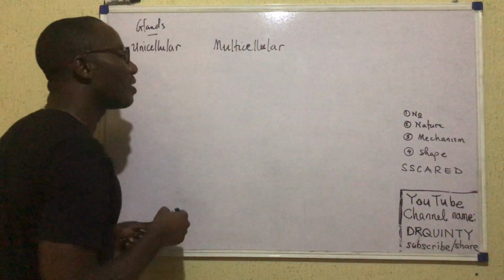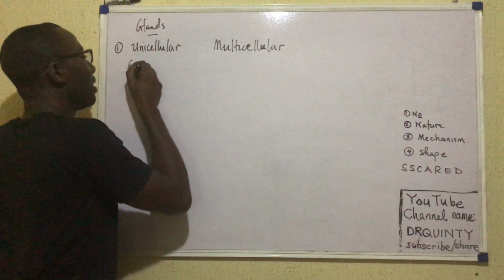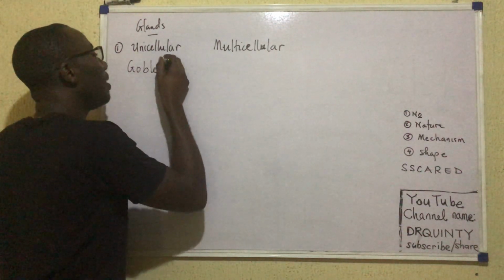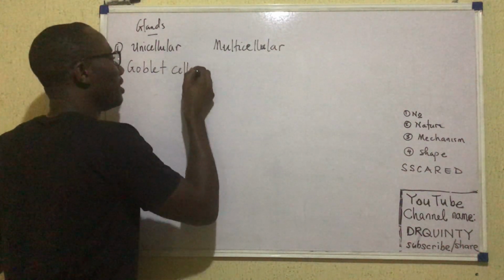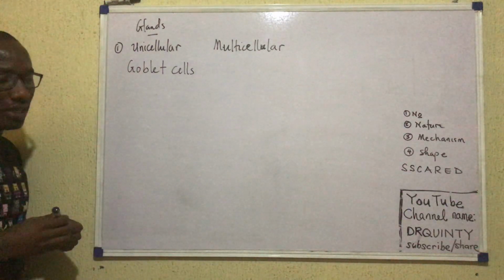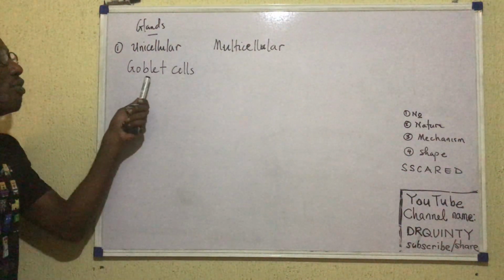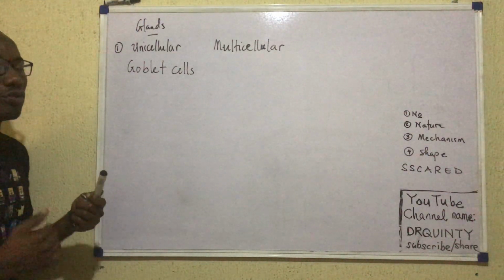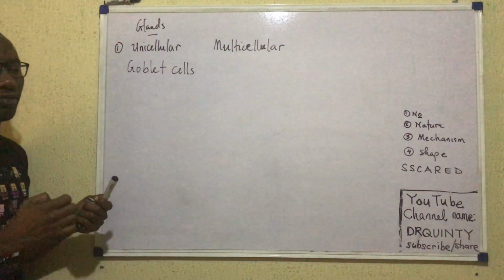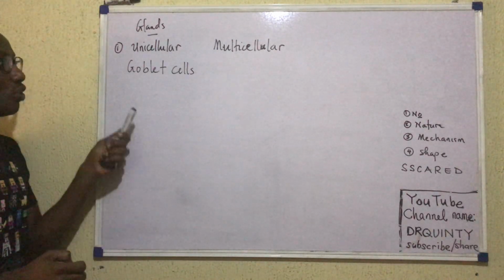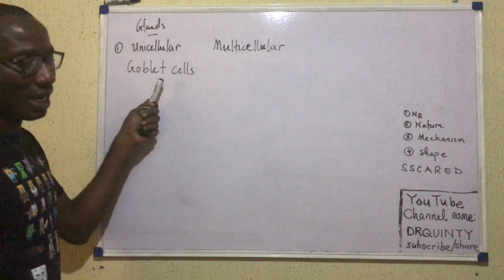For the unicellular glands, we don't have so many examples, but the goblet cells that we find in the intestines, in our digestive tract, are able to function as glands even though they are single cells. So we say that they are unicellular glands.